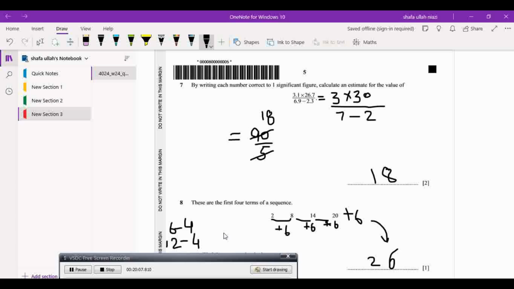This 14 is 18 minus 4, and the 20 is actually 24 minus 4. So this is 6 into 1, 6 into 2, 6 into 3, 6 into 4. Okay, got it.